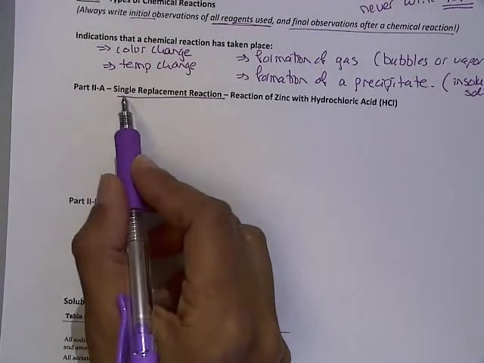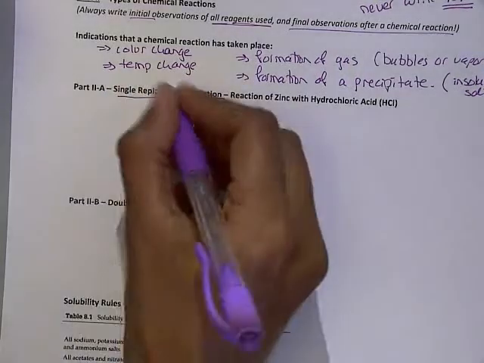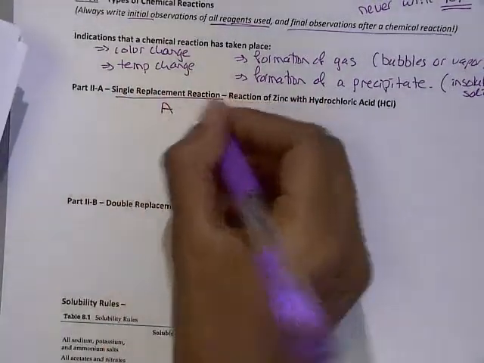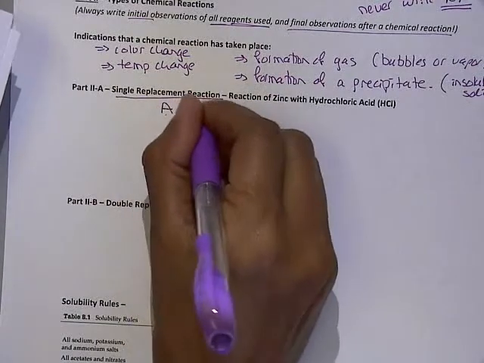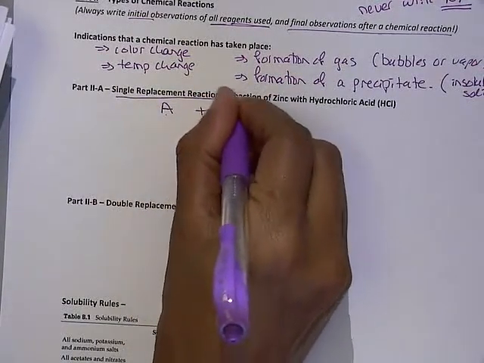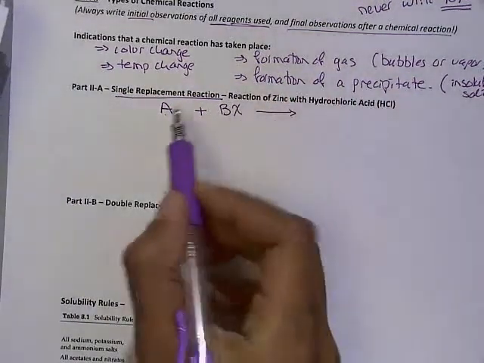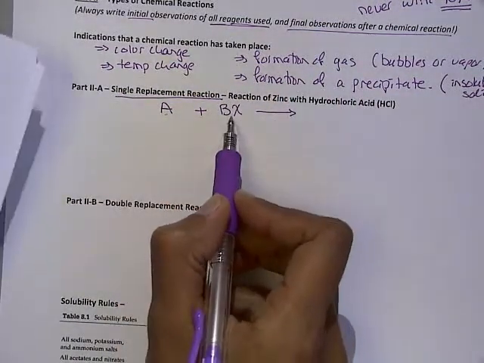The first type of reaction is called a single replacement reaction. So if we were to look at the general nomenclature for this, we have a general chemical A reacting with another compound BX. Single replacement says one of these singly replaces with the others.